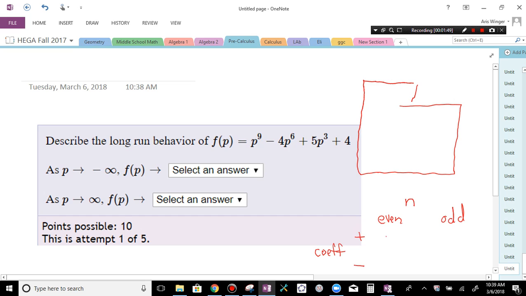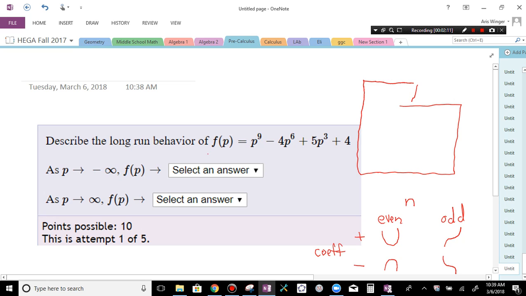When it's even and the coefficient is positive, it looks like x squared, so it rises left and rises right. If it's even and the coefficient is negative, it falls left and falls right. If it's odd and positive, it falls left and rises right, and it does the opposite if it's odd and negative.